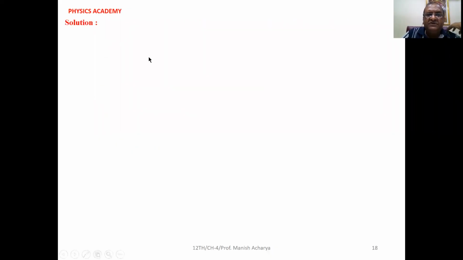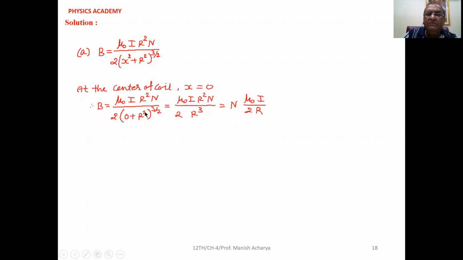Now, first question A. The equation of the magnetic field at any point on the axis of the current carrying coil is given by mu 0 I r square n upon 2 into (x square plus r square) raised to 3 by 2. Now, at the center of the coil, the distance of the point from the center of the coil is 0, meaning x equal to 0.